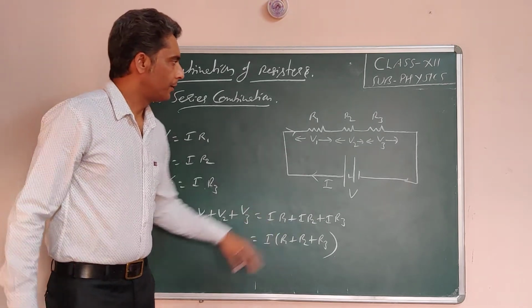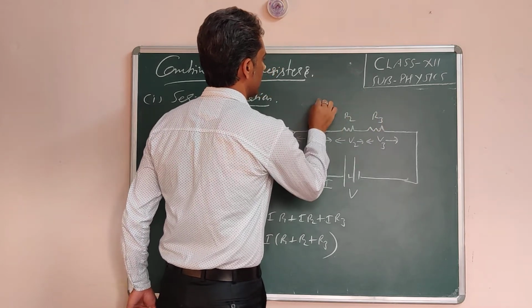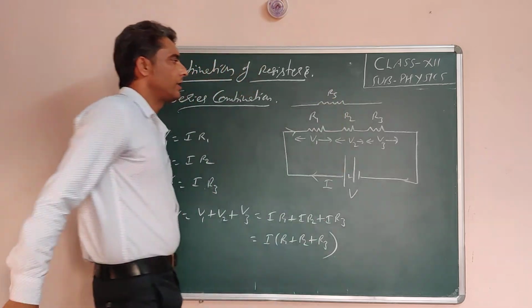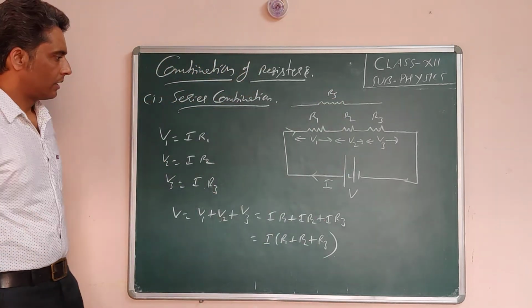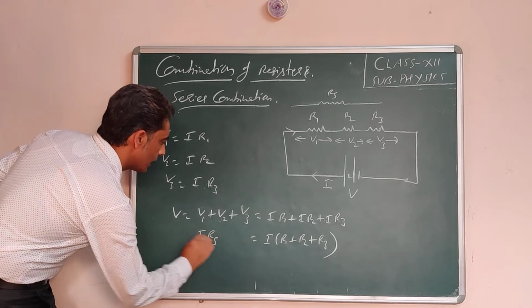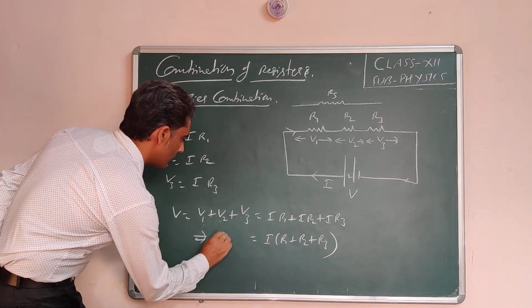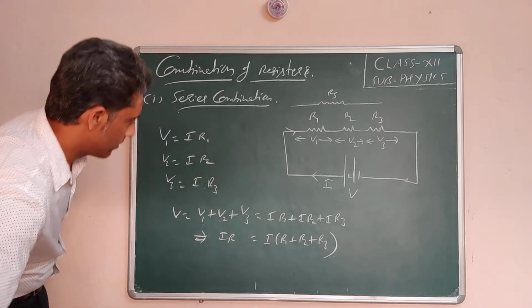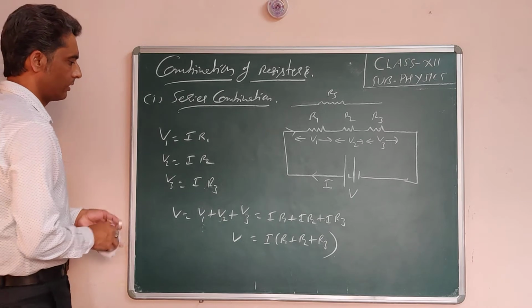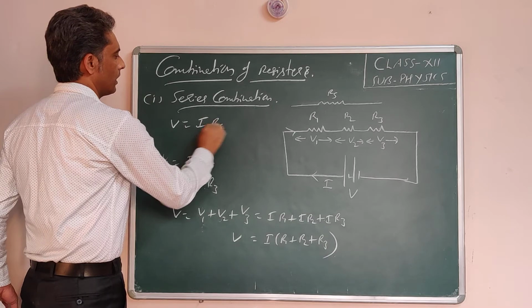Now if we assume that the total resistance of these three resistors be Rs, meaning Rs is the equivalent resistance, then we can write V as I into Rs.